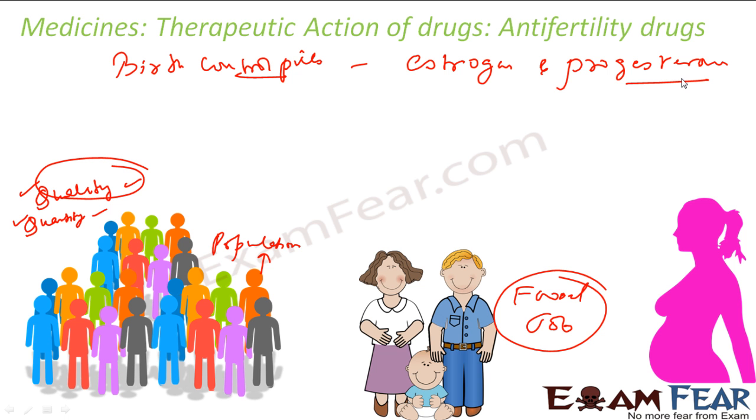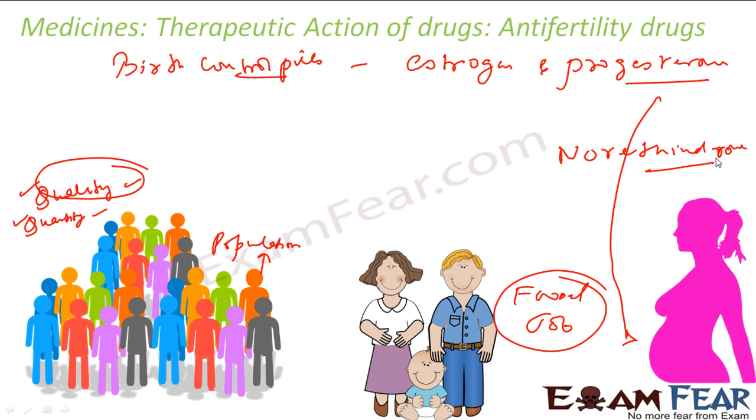This progesterone will stop ovulation in the female. For example, it can be norethindrone. This is one example of progesterone, which stops ovulation in the female.